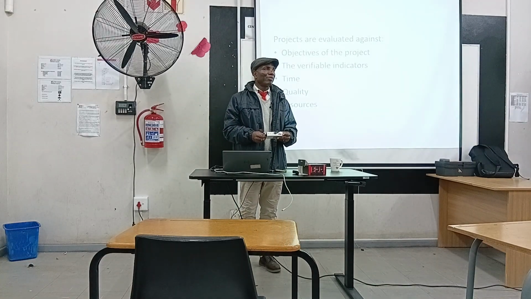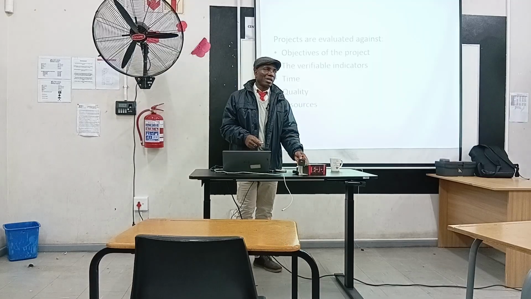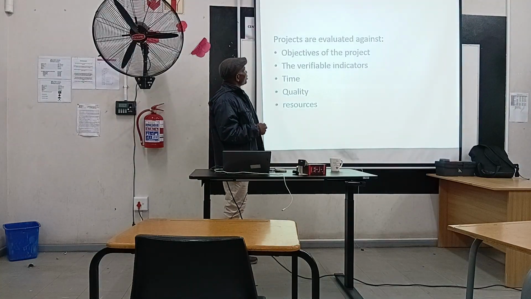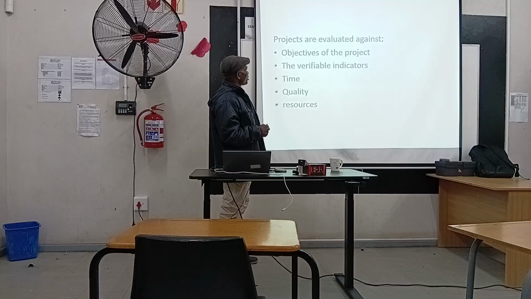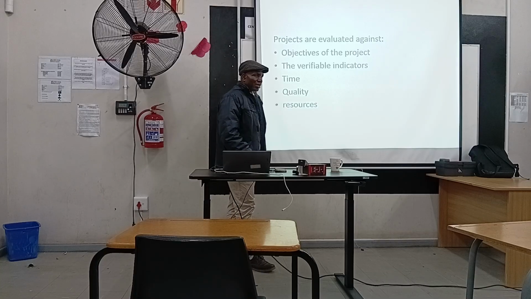Right? If the objectives of the project are being achieved. In evaluating the project, you need to take into consideration the objectives of the project, right? Whereas in many projects, you've got what we call verifiable indicators.